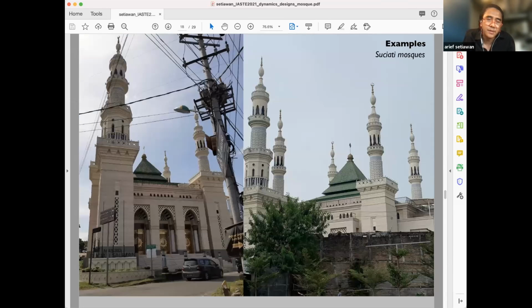Another example is a celebratory mosque built by a very successful businesswoman, located at the intersection of two major arteries in the city. It's a large mosque, monumental in scale. It's a simple geometric shape, but you can see it's adorned with a traditional roof and five minarets.